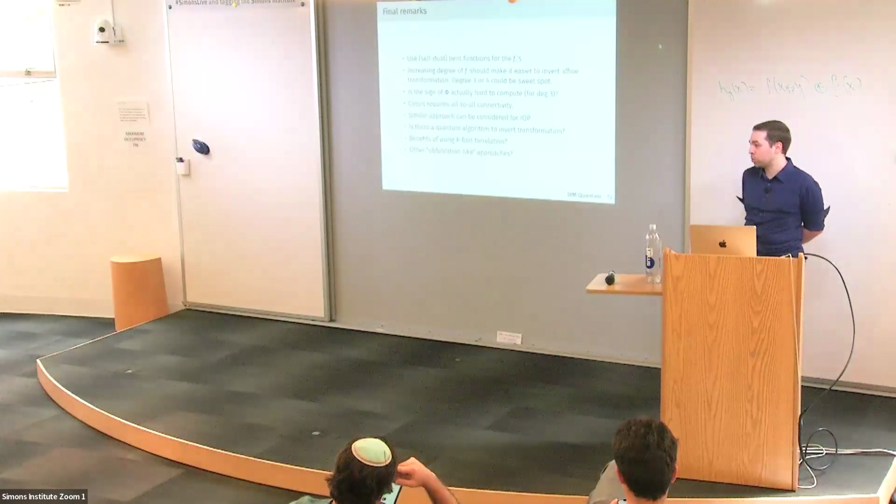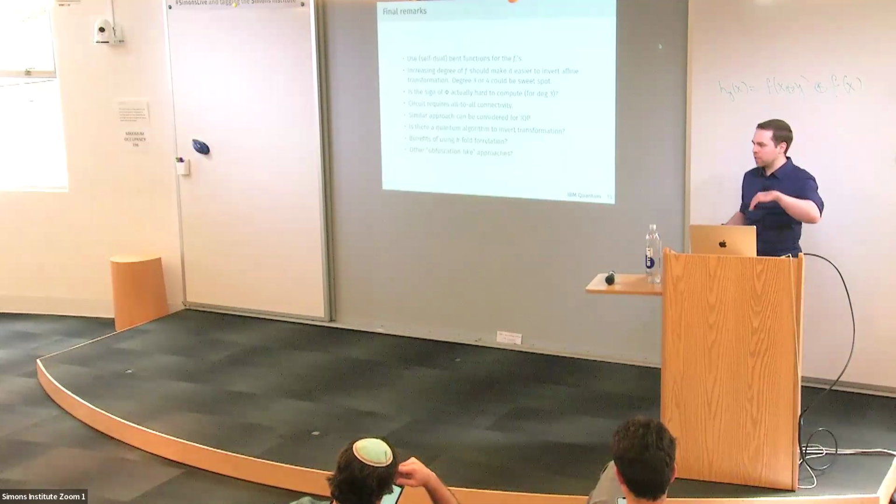Oh, I see. So basically the question is, can one relate the circuit that we get from this obfuscation approach to some sort of random quantum circuit? It's a good question. I'm not sure. In the k-fold forrelation case, it would kind of look like a random quantum circuit, right? Because you'd have Hadamards, then a random looking polynomial, then Hadamards again, and so on and so forth.